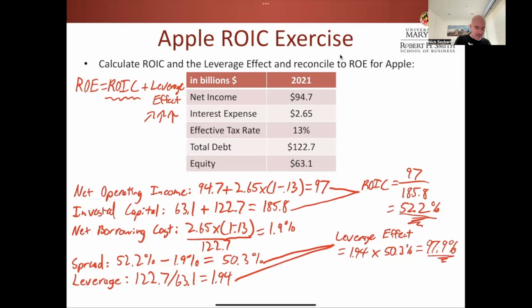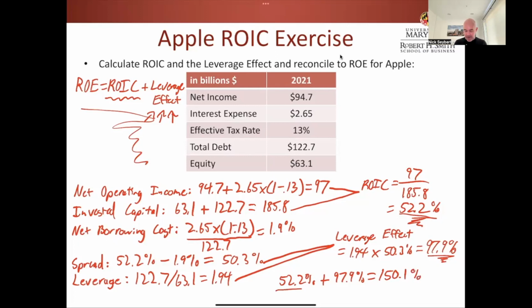And so this big analysis up here, okay, ROE equals ROIC plus the leverage effect. So the ROIC is 52.2%. The leverage effect is 97.9%. Therefore, the ROE is going to be 150.1%.